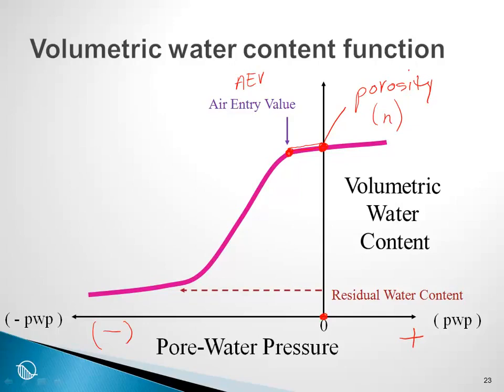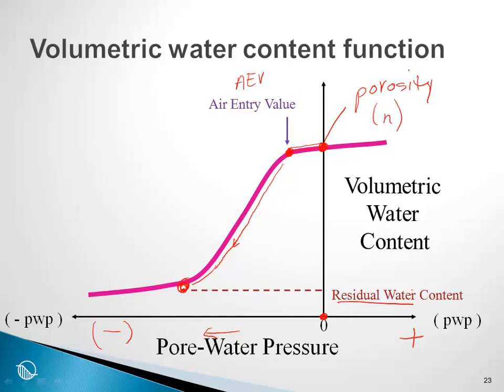Then water continues to drain out of the soil as the pore pressure becomes more and more negative, or in other words, as the suction increases, the water content goes down, down, down, and we reach what is known as the residual water content. We will see a little bit later what we mean by residual water content with a physical illustration.